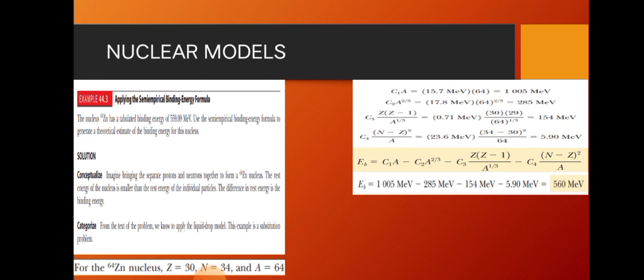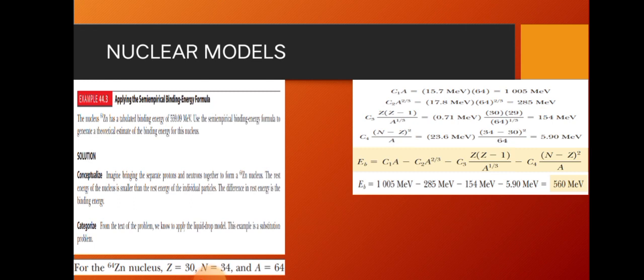And in order to solve C4 times N minus Z squared all over A, we substitute our value for C4, which is 23.6 MeV, and our N is 34, minus 30, which is our Z, squared, all over our A, which is 64, and this gives us 5.90 MeV.